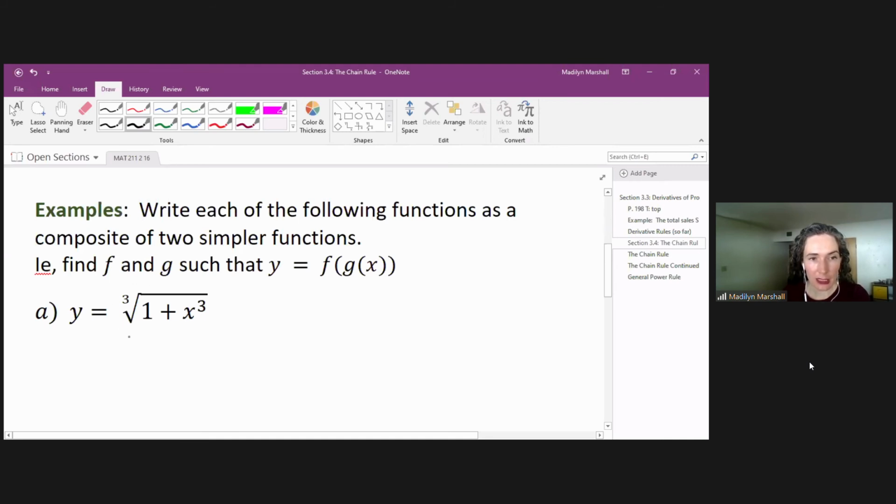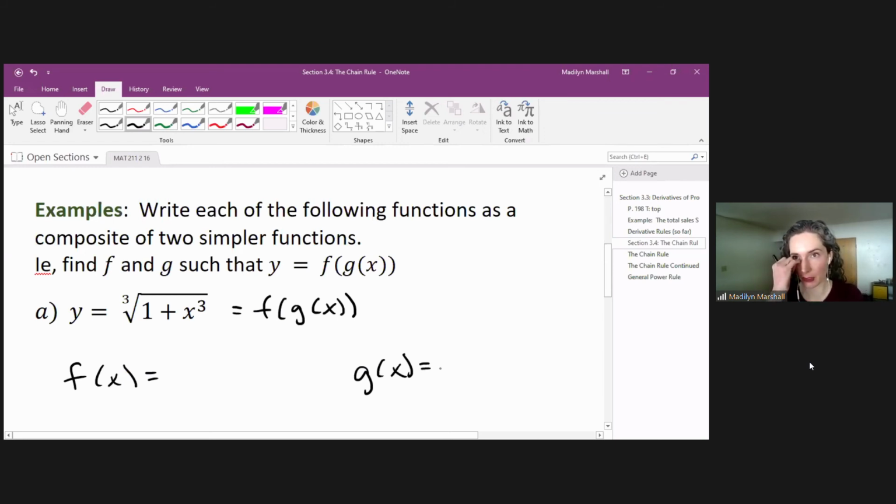So this cube root of 1 plus x cubed should be the composition of two functions, and we want to know what those two functions are.